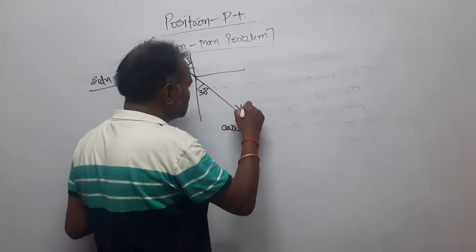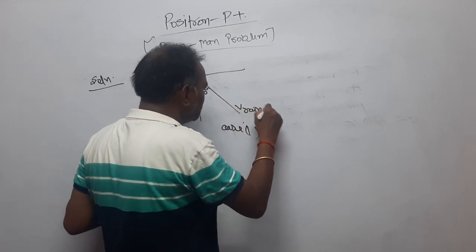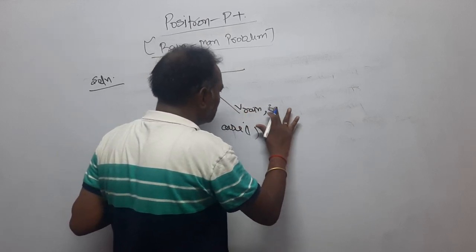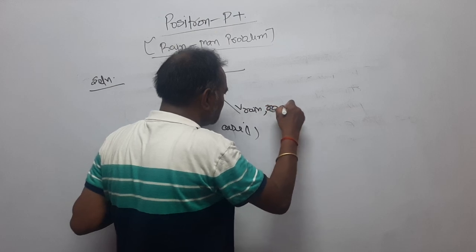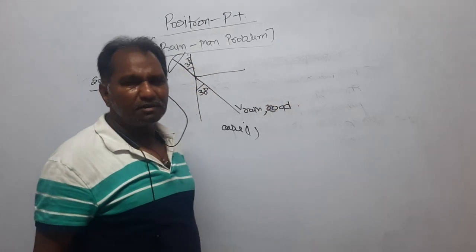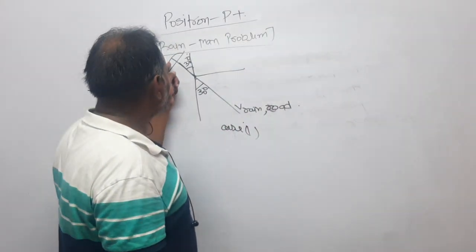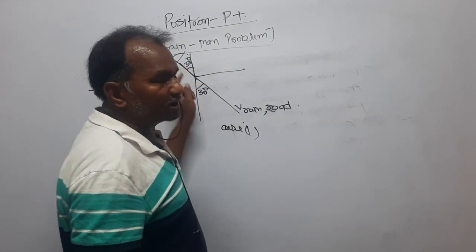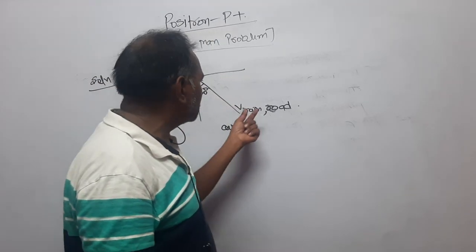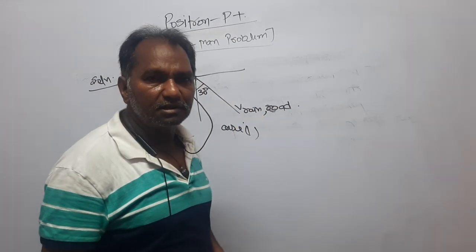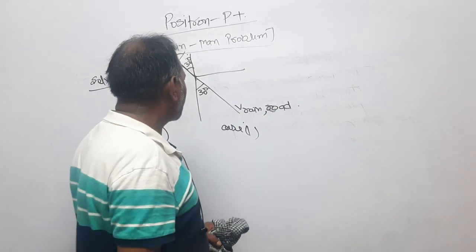This is the velocity of rain with respect to road or ground, because the man is standing, which means the man is behaving like the ground. So the raindrops hit him at 30 degrees from the vertical, and this is the velocity of rain with respect to road.